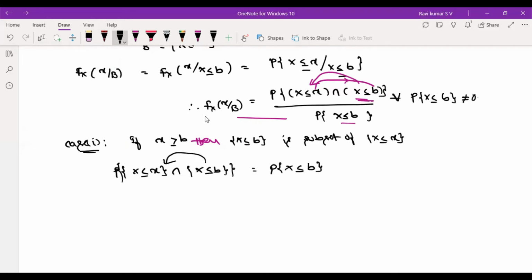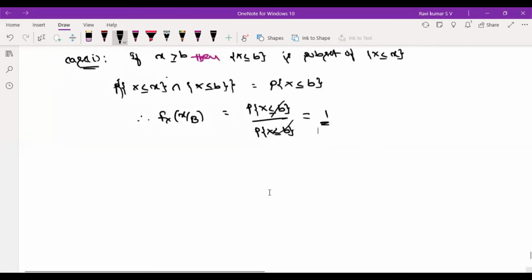Automatically you get X less than or equal to b as the output. Therefore F_X(x|B) is equal to the probability of X less than or equal to b divided by the probability of X less than or equal to b, and the two get cancelled and the function value is 1. This is case 1.